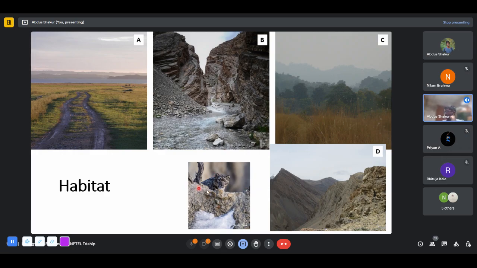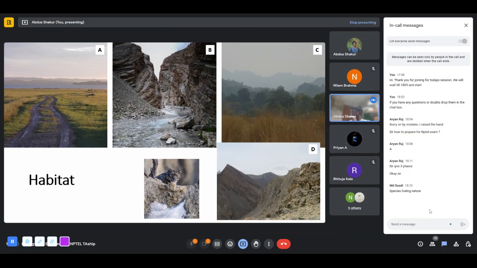So this is a picture of a snow leopard, right? All of you might have heard about it or seen photographs of it. Where do you think this species is found in these options A, B, C, D? Which places do you think the species occurs, or can be seen? Near close.